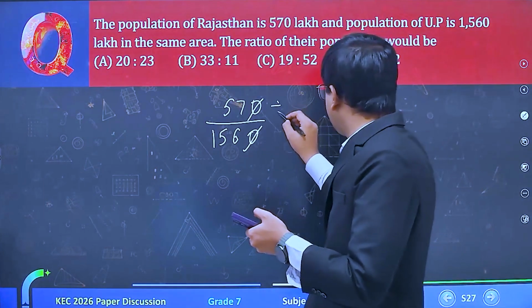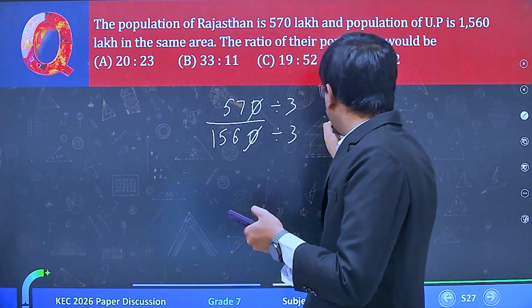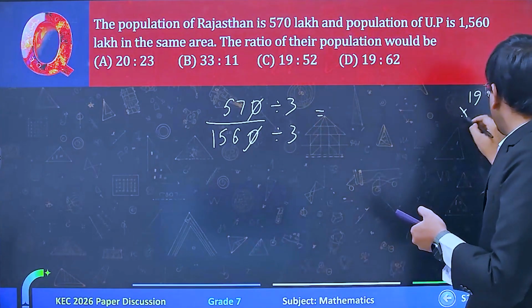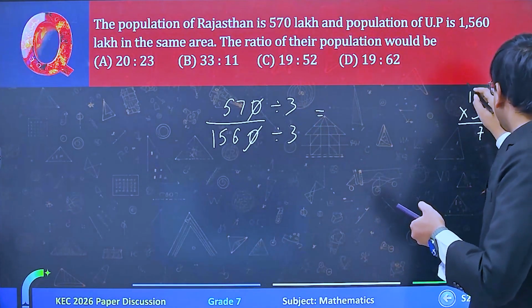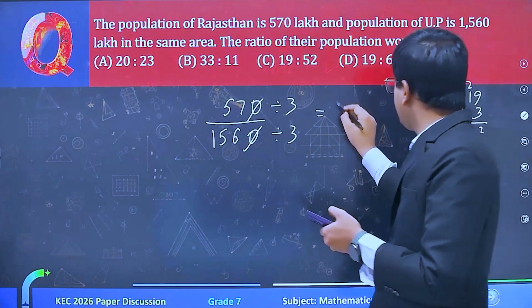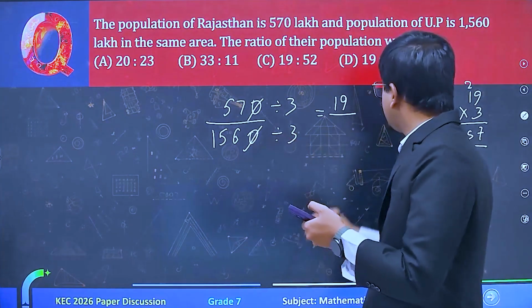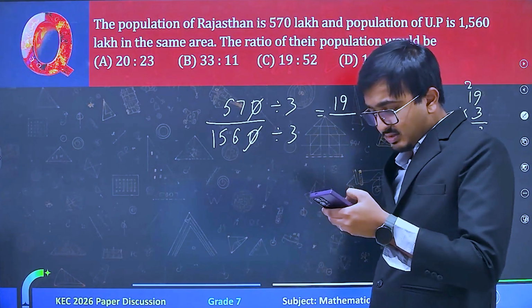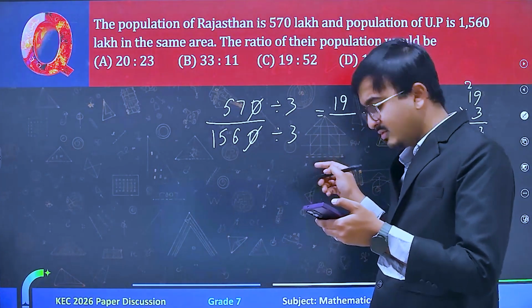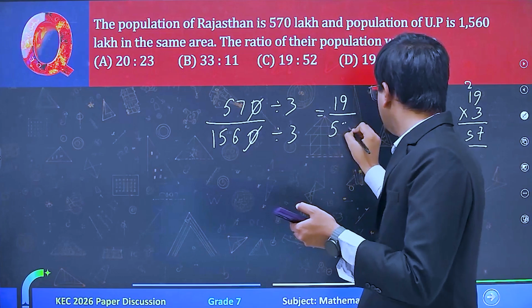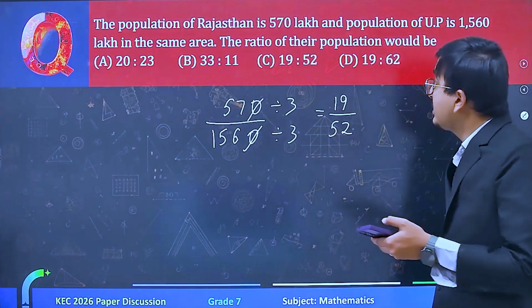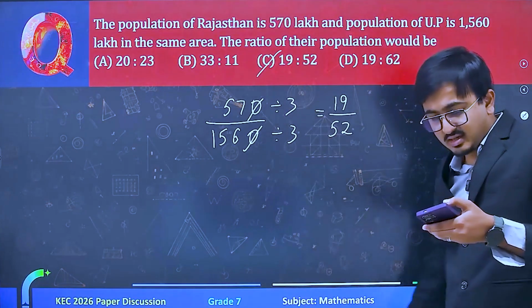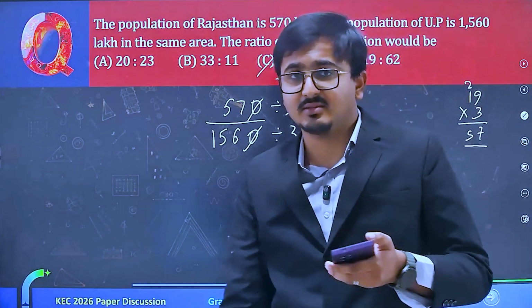Yes. Divided by 3. 19 threes are 57, please check it. Correct? So this will become 19. The denominator will become 52. Perfect. 19 is a prime number. So option C. Perfect.